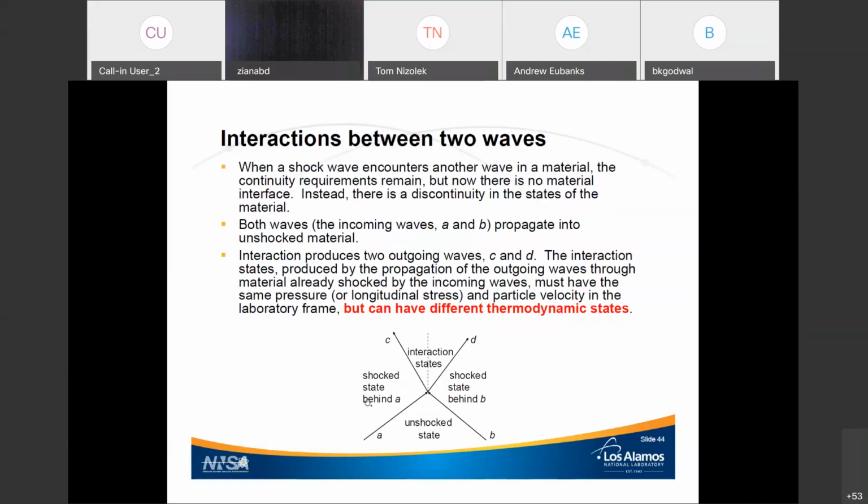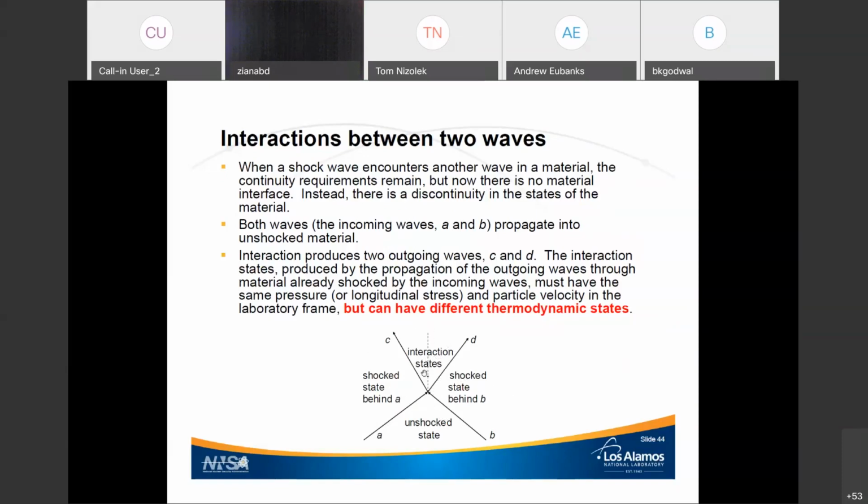Behind each wave is an initial shock state, which is unique to that wave. There's nothing that says these two waves have to produce the same pressure. They can be different strength waves. And once these waves collide or pass through each other, there is an interaction state.